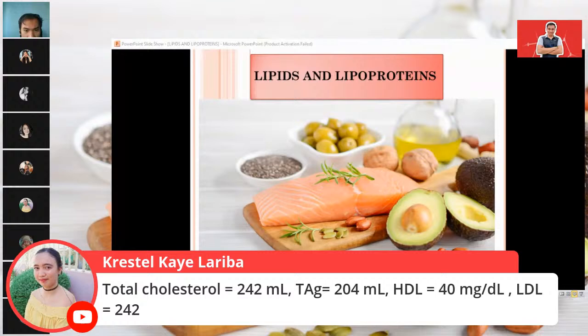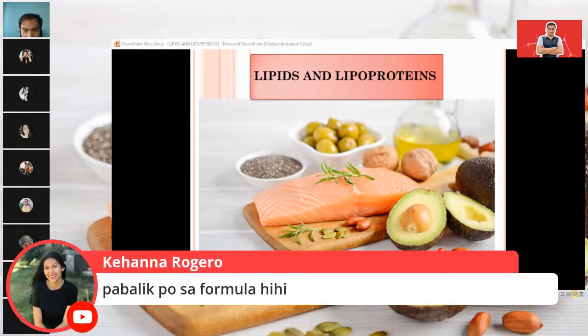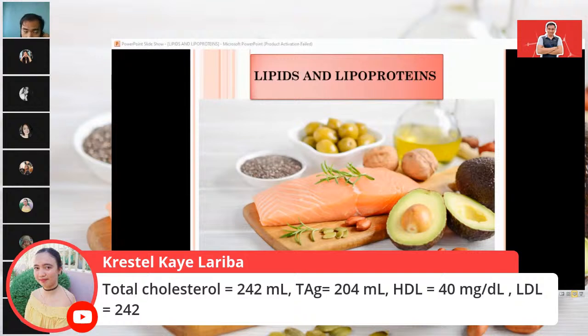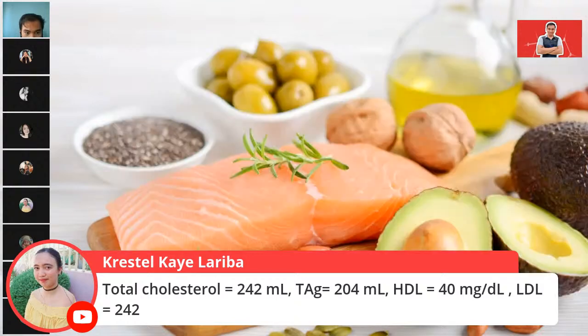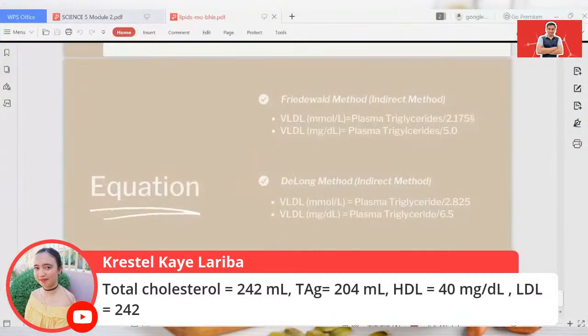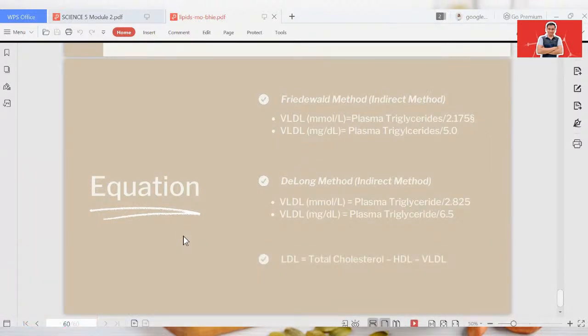Sa formula. Yung presentation ninyo. May nag-request dito, pabalik doon sa formula. Crystal, pa-present you na can ulit. You can also show the formula or paano mo i-compute sa group. Okay, so there are also computations, class, in our examination, how to compute.